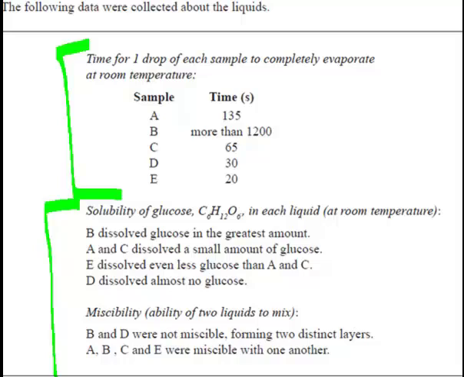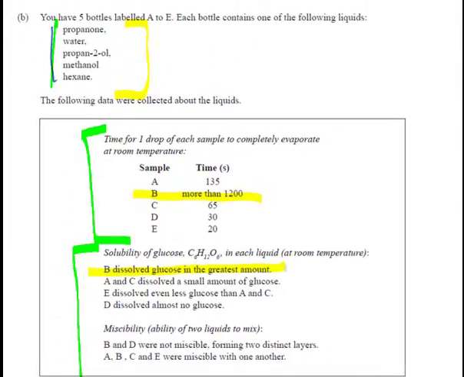So immediately when we look at this, just to start off with, there's one that stands out straight away. It has a very long time to evaporate, which means it's got by far the strongest bond. And if we look to see which one matches with that and dissolves the most sugar, obviously we'd think that the ketone and the alcohols and hexane are not going to dissolve as much sugar as water will.